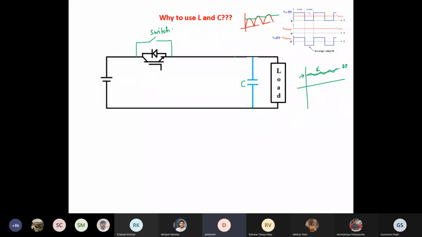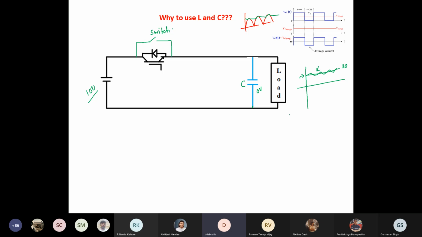Okay, so think about initially, the input is 100 volt. What was the capacitor voltage at the zero instant? It was 0 volt, right? Let's say I'm just starting to turn the switch on and off. Initially, the capacitor will be 0 volt. For the very beginning, I'm talking about. I have not started turning on the switch yet.